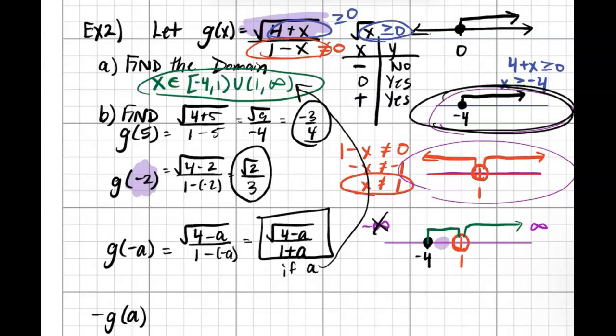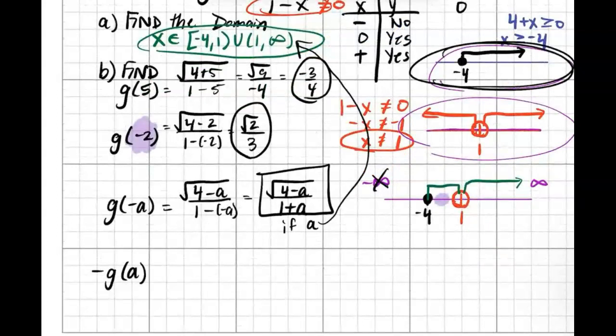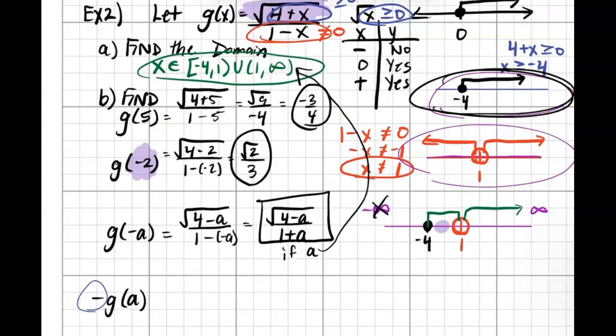Then here I'm just plugging in a, but I'm putting a negative on the outside. So this is a little bit different. Up here, notice we plugged in negative a on the inside of the function. Here, we're only going to plug in a, but the negative is going to be outside of the function. So how would I write that? I would write negative g of a.